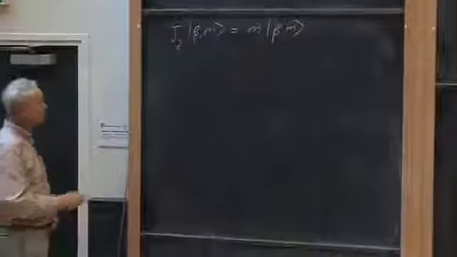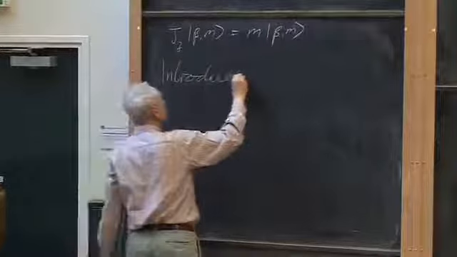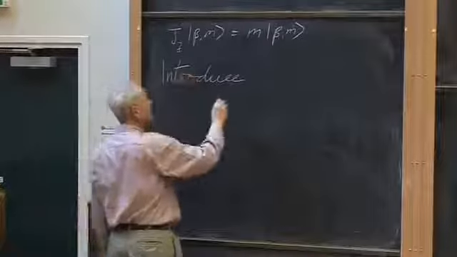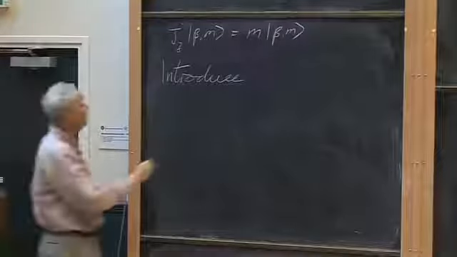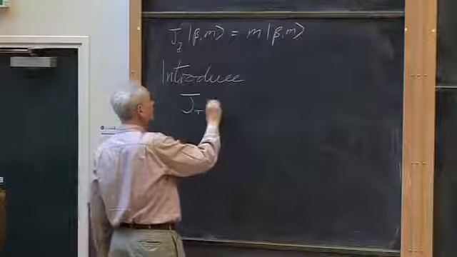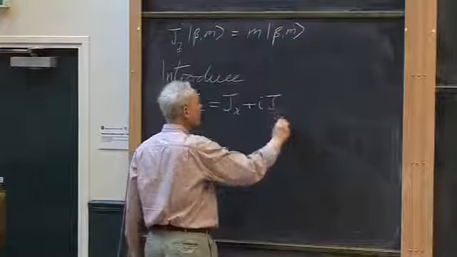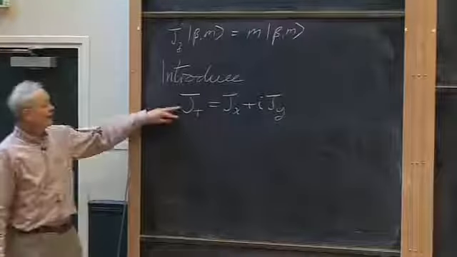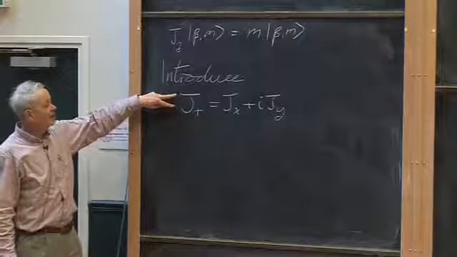Okay. Now we introduce some ladder operators. We're going to follow a line of reasoning that's very similar to how we got the eigenvalues of the Hamiltonian of a simple harmonic oscillator. We're going to introduce J plus as Jx plus I Jy. So this is a little bit analogous to when we introduced in the simple harmonic oscillator the destruction operator.